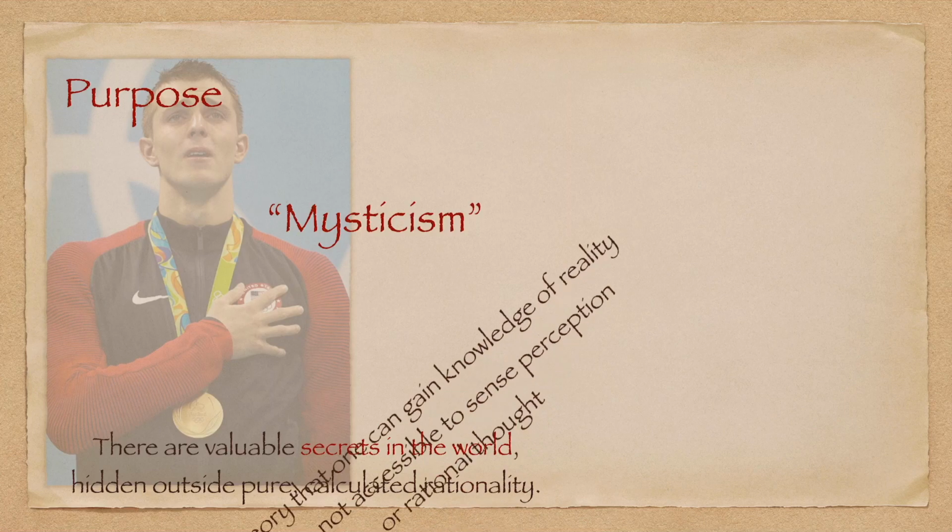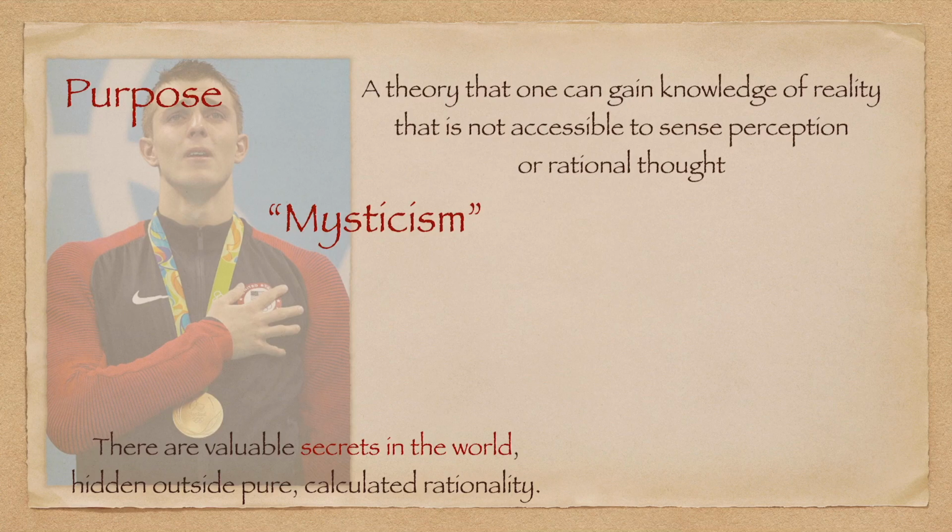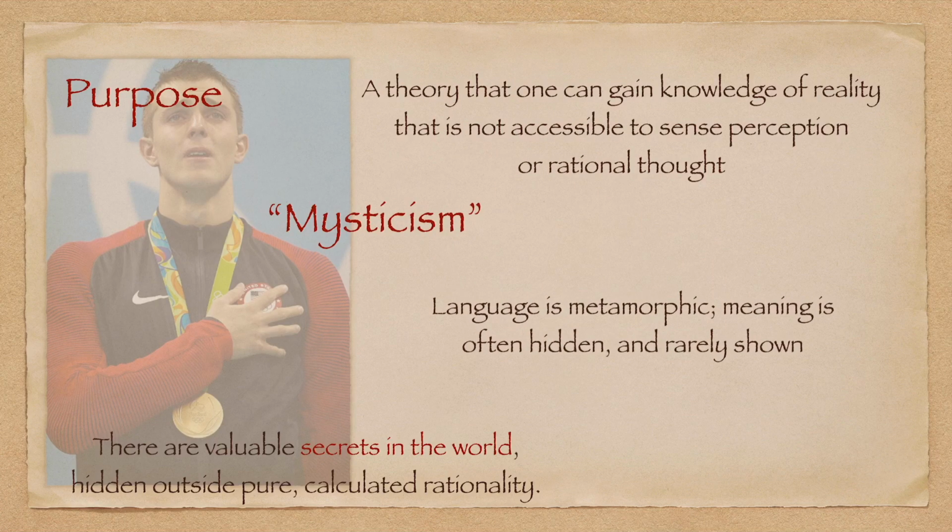For Burke, mysticism is this idea that there's something you can gain. You can gain some knowledge, and read the word knowledge here really loosely. You can gain some insight of reality that's just not accessible to sense perceptions and to rational thought. You can't sit down with a calculator and work out what really, really matters here.